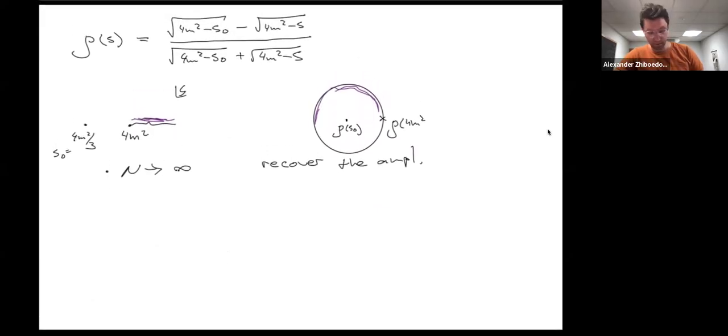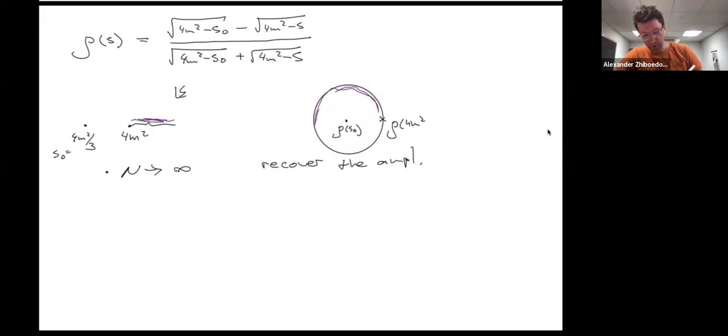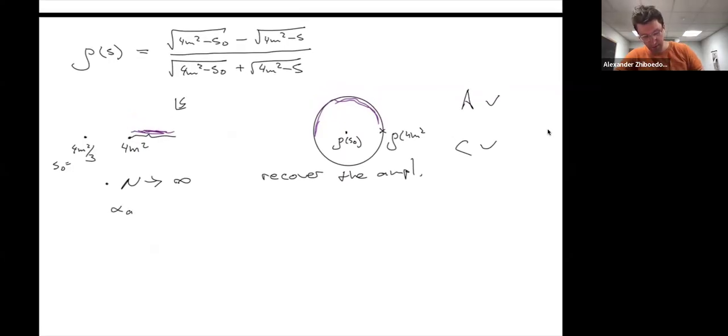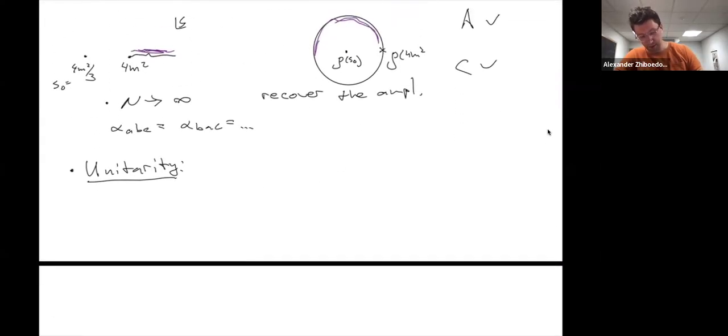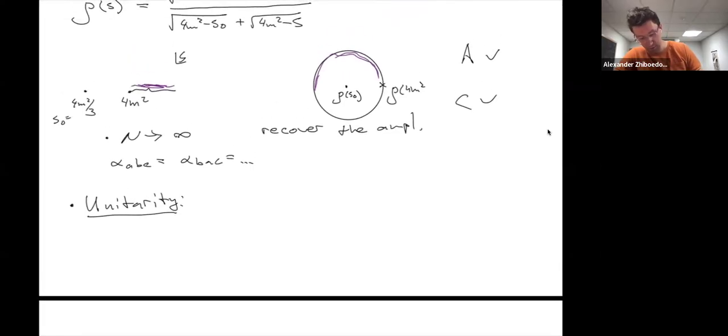Now, we impose crossing, we impose analyticity. Analyticity is done because it has the right analyticity. Crossing is done because we can just choose alpha ABC, alpha BAC, etc. symmetric. So the only thing left is unitarity that we need to impose. And here again, let's do it in a simple way.